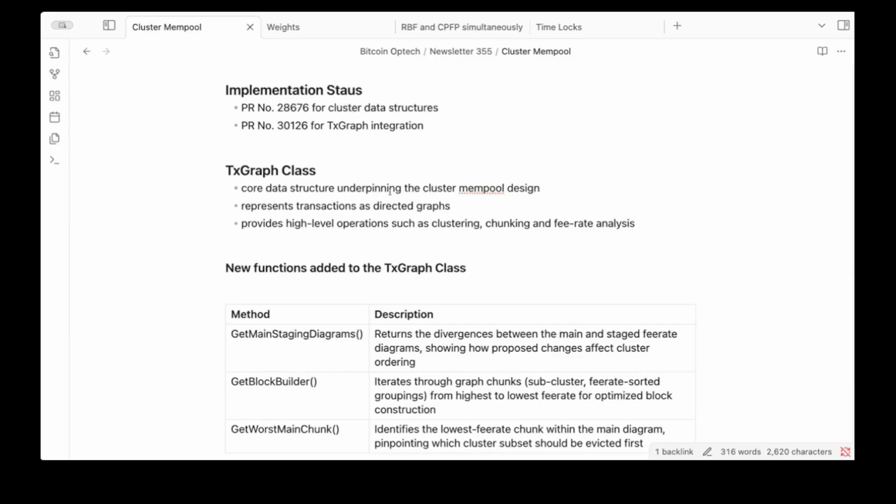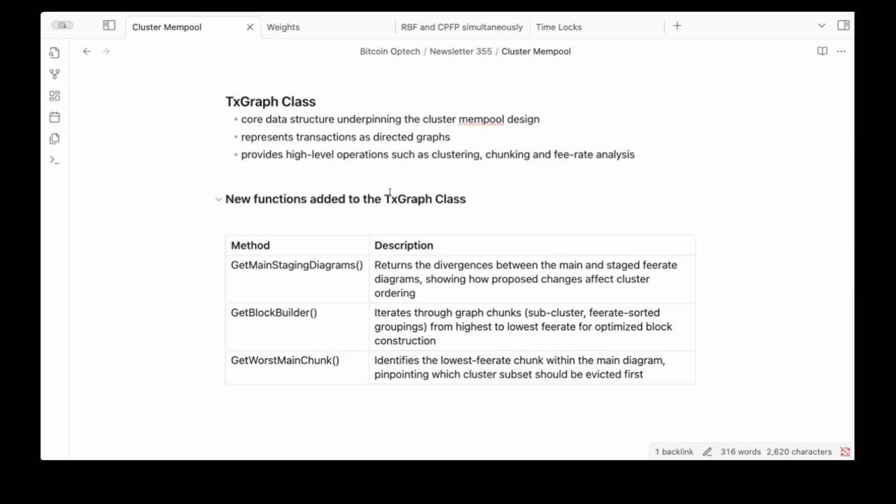Now, 3 new functions have been added to this Txgraph class. That is all the change is about. So what 3 new functions have been added? They have added a get main staging diagram. What this function does is that it returns the divergence between main and staged fee rate diagrams.